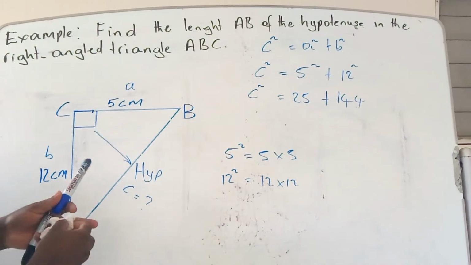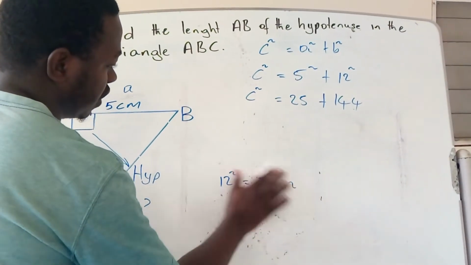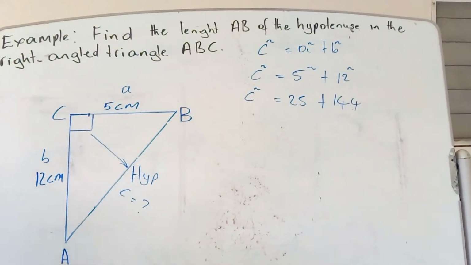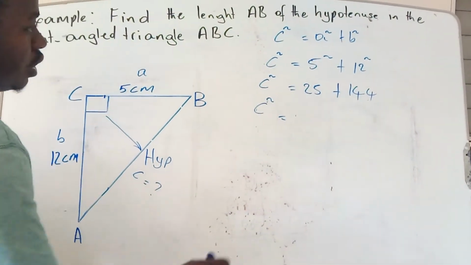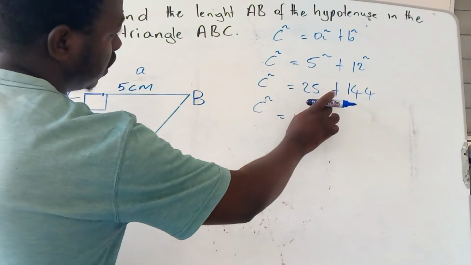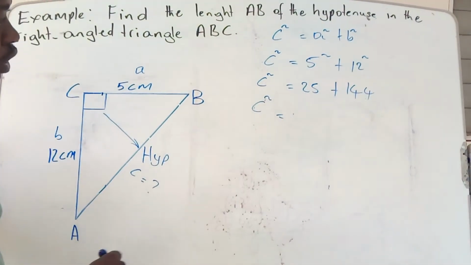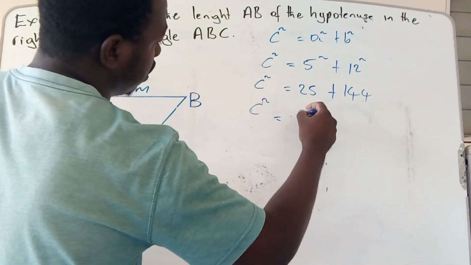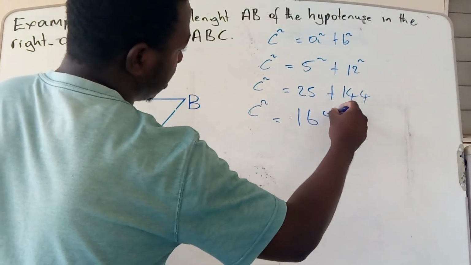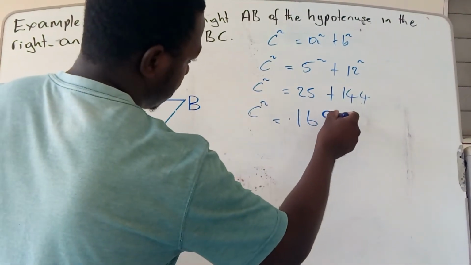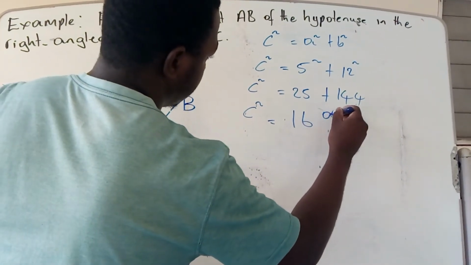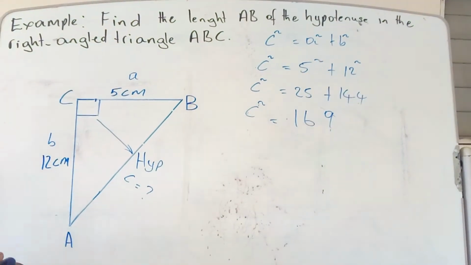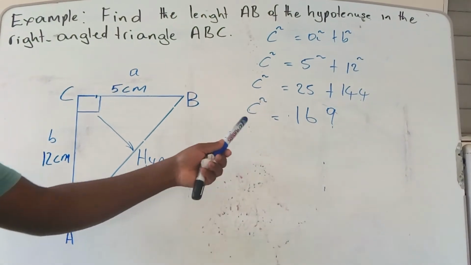Now I can just simply erase this, so I have more space. So C squared is equal to 25 plus 144. 25 plus 144 is equal to 169. Now, the question is, are you finished?